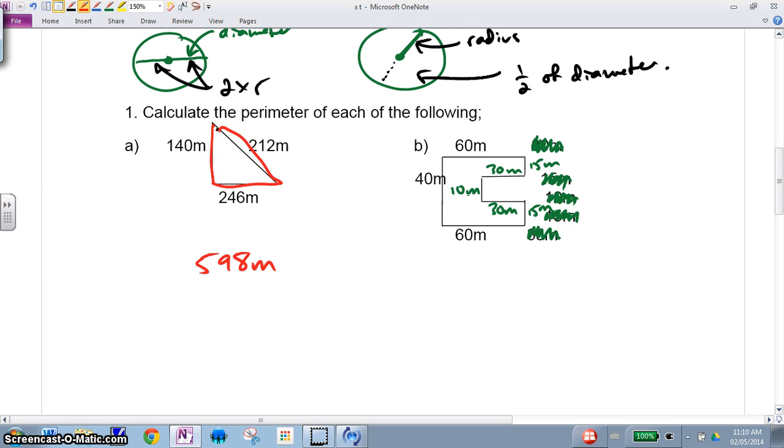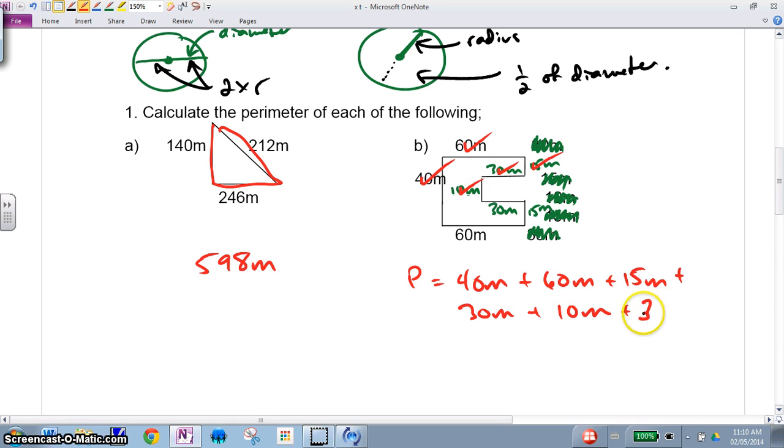On the right, this perimeter is a little uglier, so we'd have to be adding everything up. And I might suggest you do something like this. We've got 40 meters plus 60 meters. This might be baseboard or trim around the exterior of your home. 15 meters on this side plus 30 meters down through here plus the 10 meters inside the U plus the 30 meters here, plus lots of sides to work with.